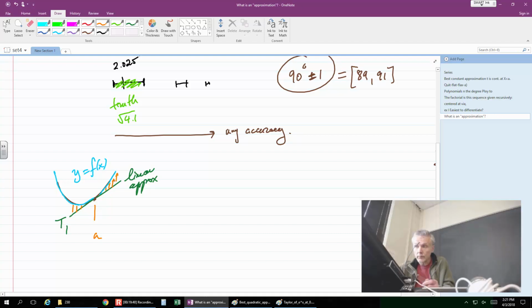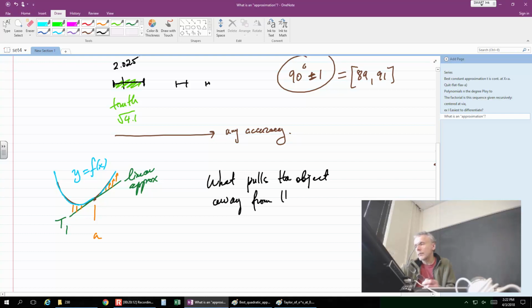From the point of view of physics, what makes an object turn away from the tangent line? Why doesn't it go in a straight line? So what pulls the object away from the tangent?